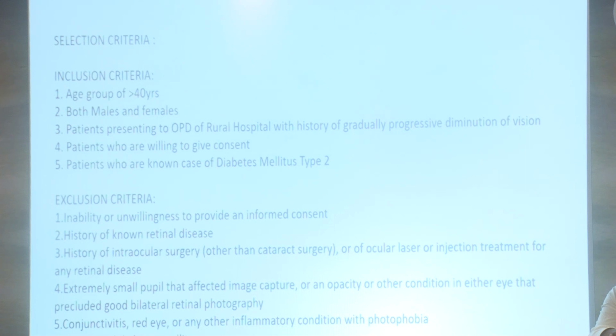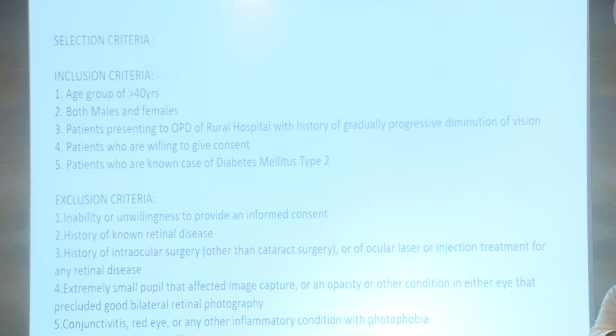Selection criteria includes inclusion criteria: age group of more than 40 years, patients presenting to OPD of rural hospital with history of gradually progressive diminution of vision, both male and female patients who are willing to give consent, and patients who are known cases of diabetes mellitus type 2.